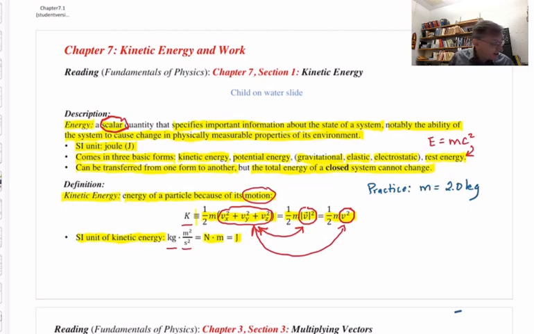And at a certain instant in time, its instantaneous velocity vector is 3 meters per second times i hat plus negative 4 meters per second times j hat. Question: what is the kinetic energy of this particle at this moment? I would like you to stop the video, pause it, do the calculation for yourself, and then come back and we're going to compare.